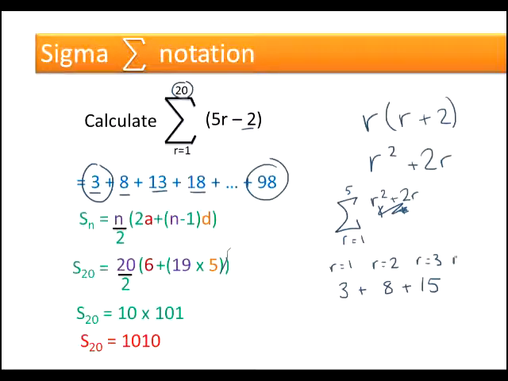And when r is 4, well, actually let's skip that. When r is 5, it's 25 plus 10 is 35. You cannot use this formula. You cannot use the a plus l variety of it because it's not arithmetic. Arithmetic means it has the same constant difference.